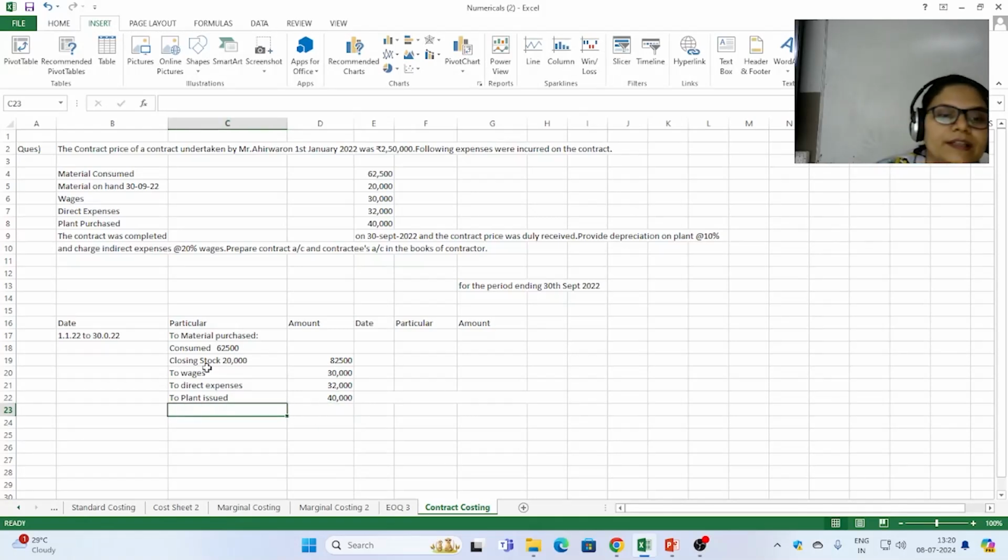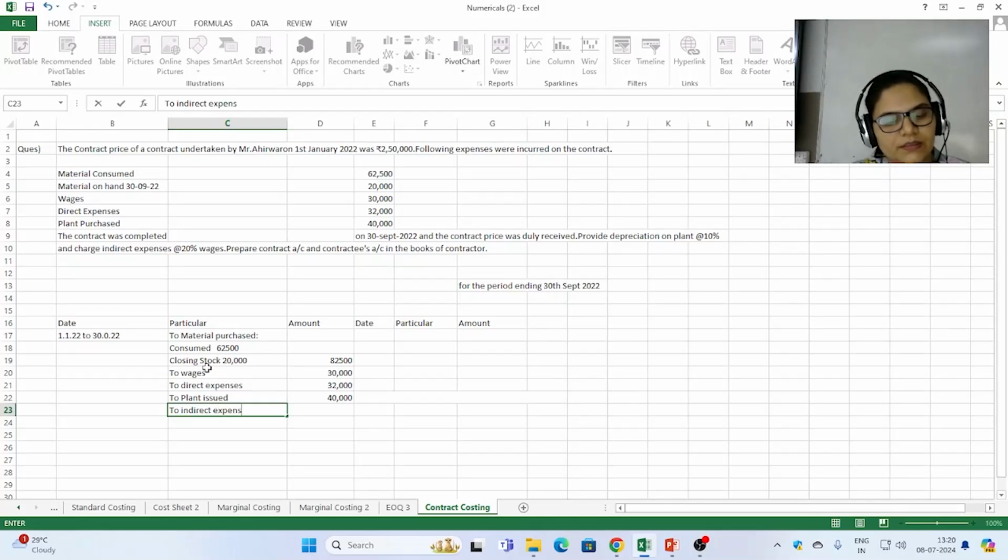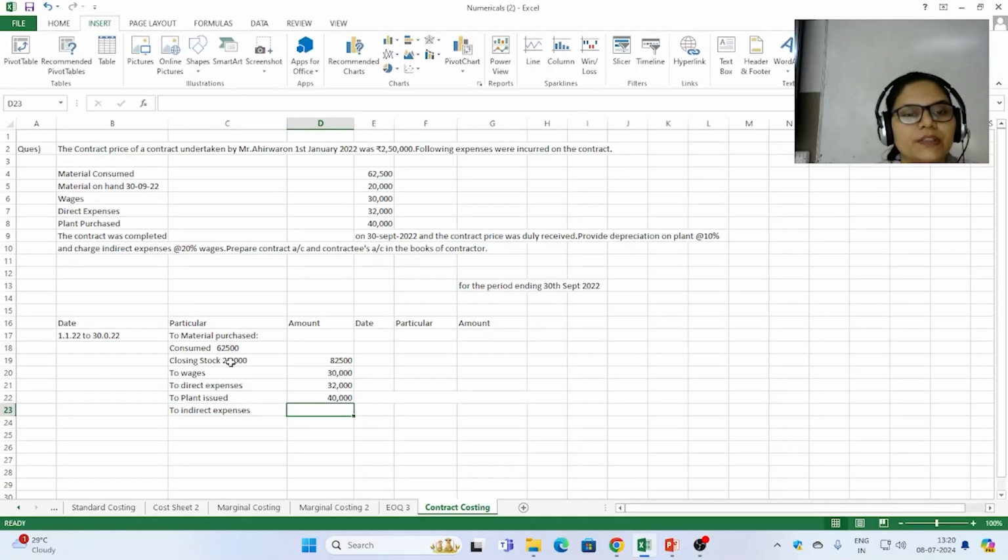Now, to indirect expenses. Indirect expenses are 20% of wages.